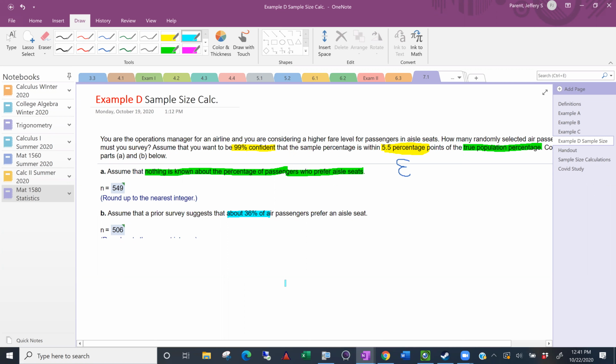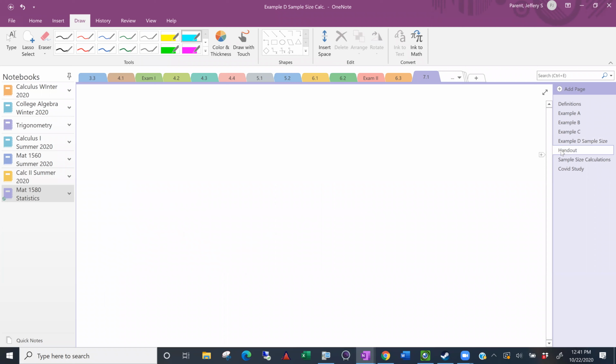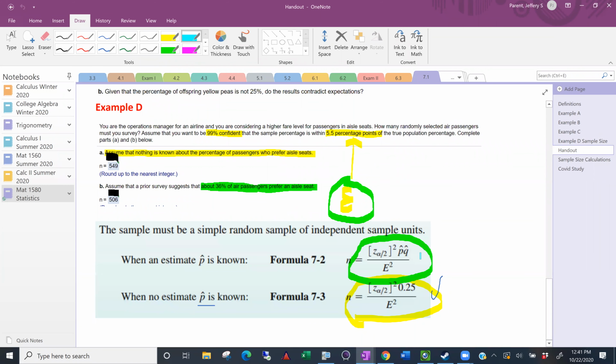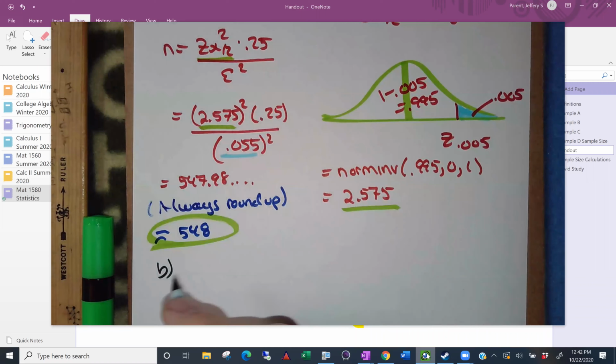That's going to change our calculation because we're going to use a different formula this time, where we have an estimate for P hat. P hat in our case is 0.36. So I'll write that down along with our new formula.